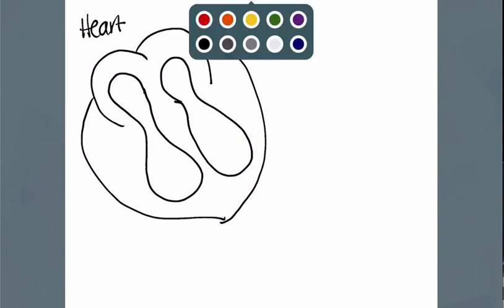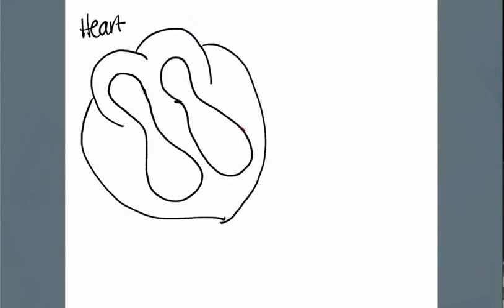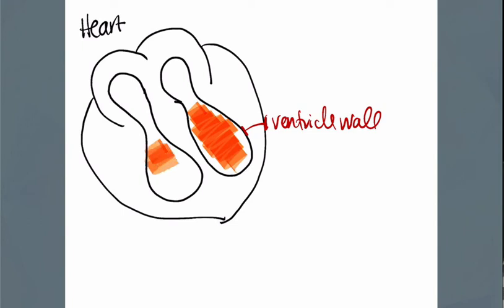I'm going to erase this in a second, but just so you're oriented, this is the ventricle wall. This is the ventricle, this is where the blood goes. Obviously, that's the left. There's the right ventricle. Not being in person, sometimes it's hard to tell if you can orient to that.